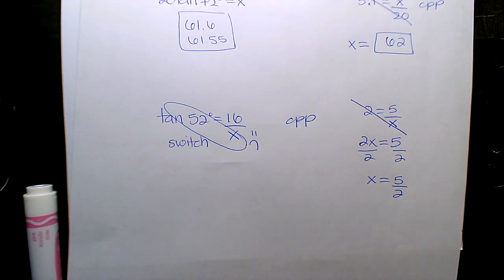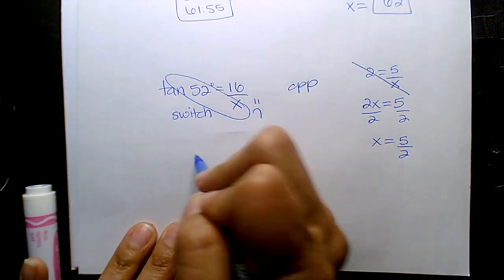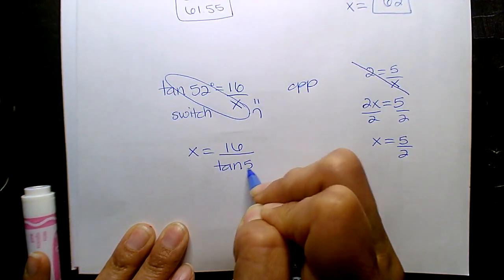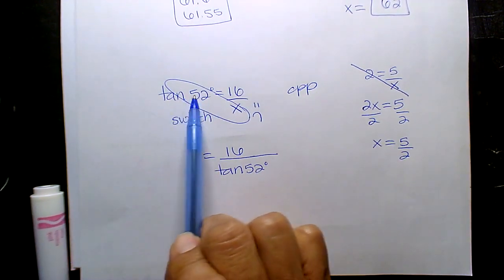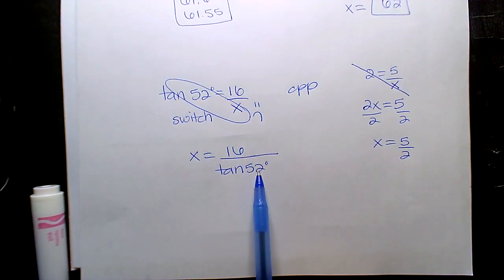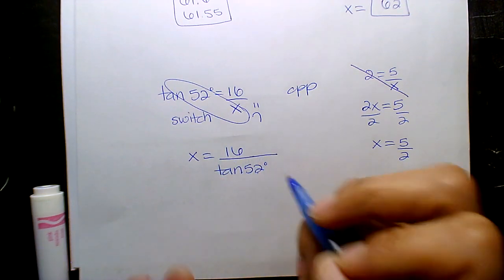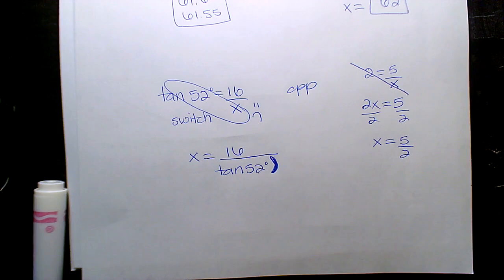Okay, so if I just switch, x is equal to 16 over tangent of 52. You cannot split these two. They're together, so they go to the bottom. And now in the calculator, what you see is what you type. However, you better close that parenthesis or else you're going to get an error. You're going to get rejected.